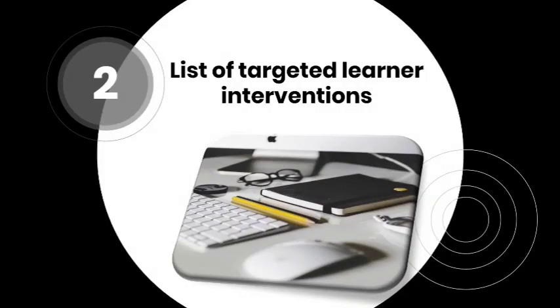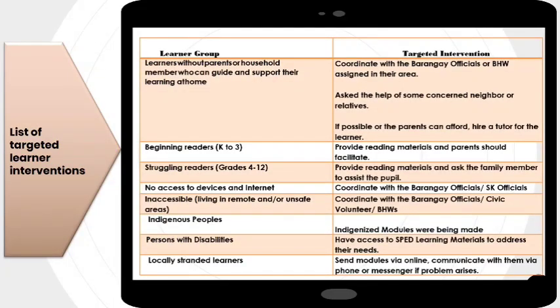Next is number 2, list of targeted learners' intervention. Okay, so this is the sample answer. We have here the learner group and the targeted intervention. The first one, learners without parents or household members who can guide and support their learning at home.